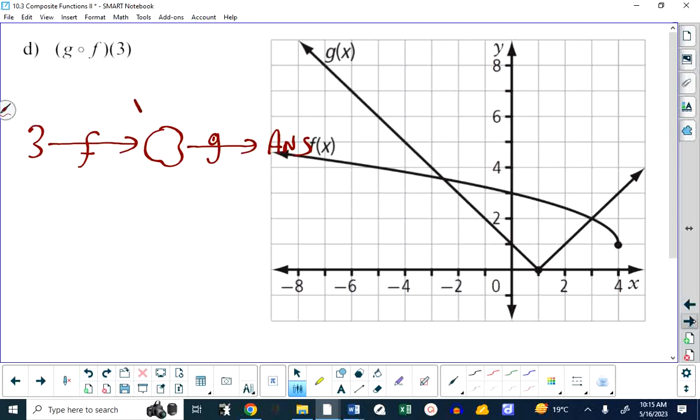Keep in mind this is X. I'll start with Y. This is Y on F. It's the output of F. But because it's going into G, it's X on G. So we look at 3 going in, and the output on F is 2. Now we put 2 in, but we're looking at the output on G. So when I look at 2 going in on G, the output is 1. So the answer is 1.